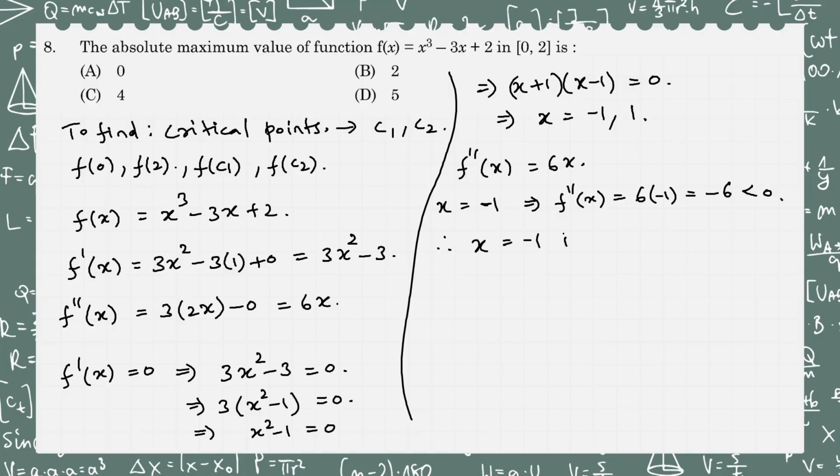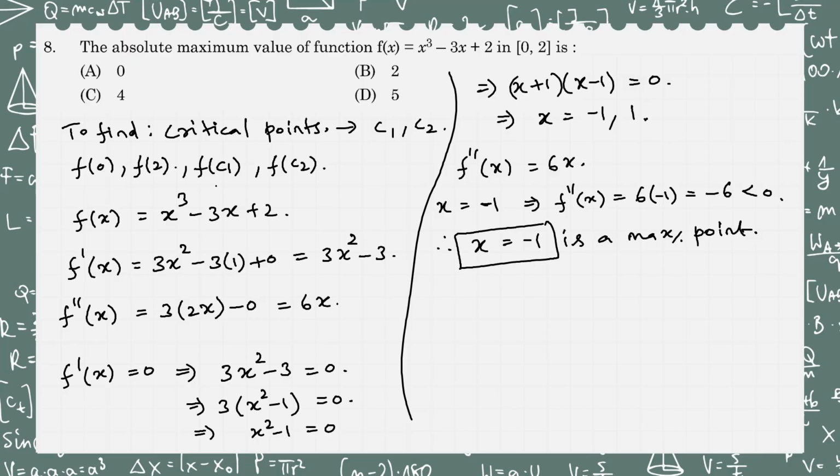X equal to minus 1 is a maximum point. Correct? And we need not take that 1 here because f double dash of 1 will give you a value greater than 0. So 1 will give the minimum value, but we need the maximum value only. So we can ignore that 1 here. Just minus 1 is the value we need here.